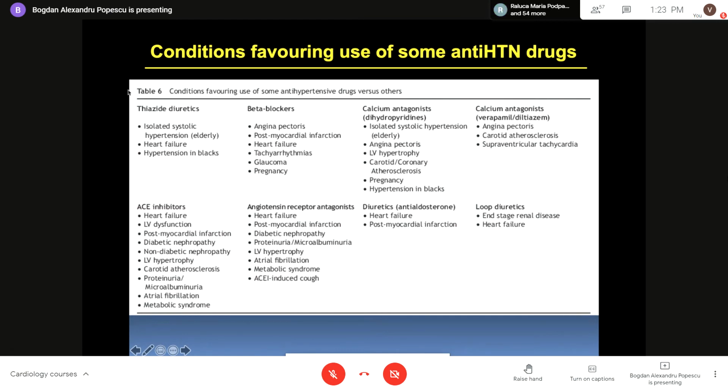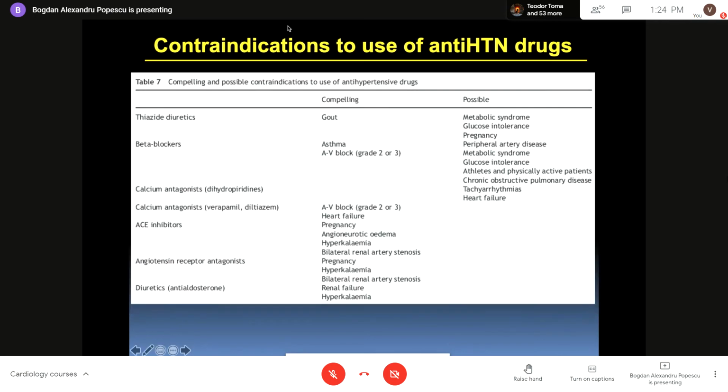So we have a number of features that we look at when we decide which drug to start, because I told you the good news is that we have the liberty to start with either of some classes. So then we will tend to choose which one to begin with, depending on the other conditions that the patient may have.